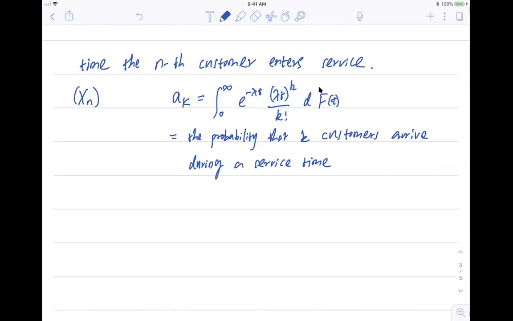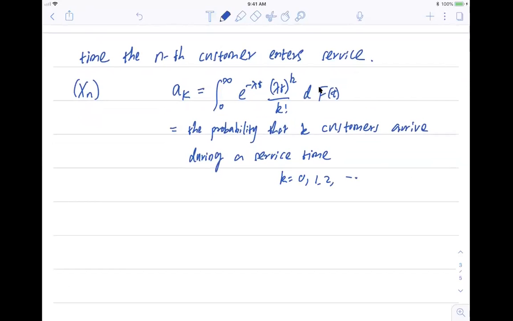K, of course, can be 0, 1, 2, etc. And each xi_i satisfies the distribution given by P(xi_i = k - 1) = a_k.